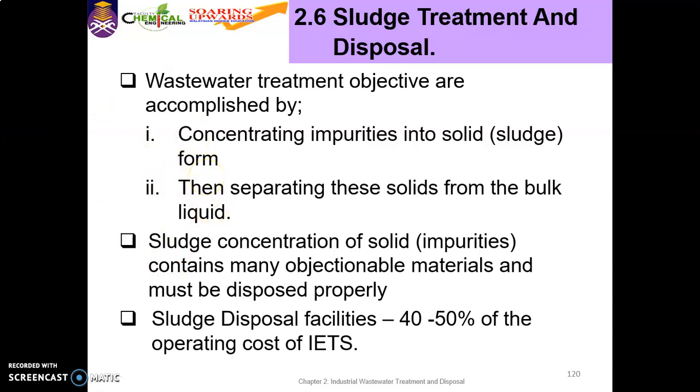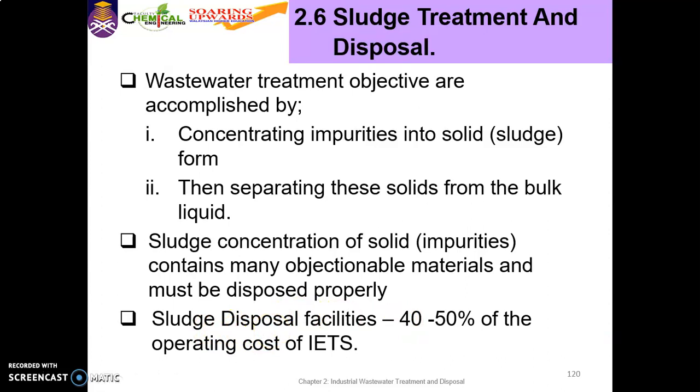Once we have separated the liquid from the solid, we can dispose of the solid, which we call sludge. Sludge disposal facilities take about 40 to 50% of the operating cost of the IETS, so half of the whole IETS goes to sludge disposal facilities alone.